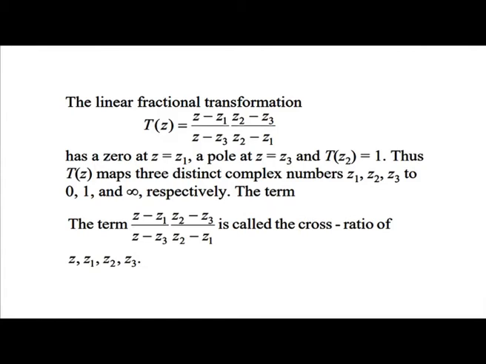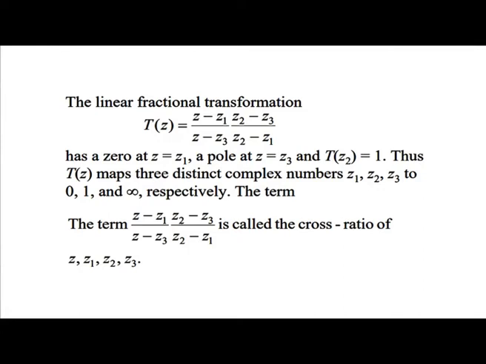The linear fractional transformation T(z) = (z - z1)(z2 - z3)/((z - z3)(z2 - z1)) has a 0 at z = z1, a pole at z = z3, and T(z2) is equal to 1. Thus, this T(z) maps three distinct complex numbers z1, z2, z3 to 0, 1, infinity respectively.